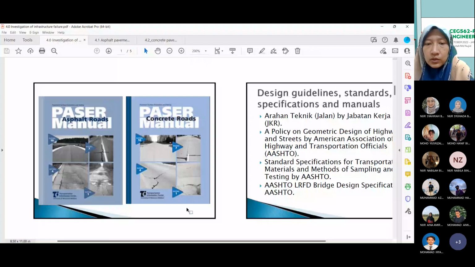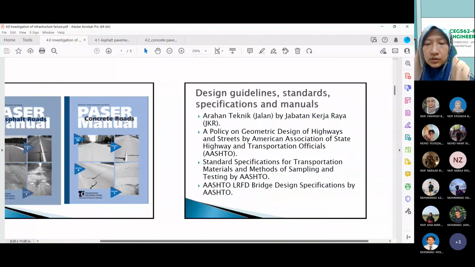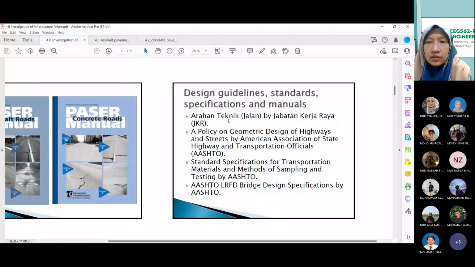Other than these two manuals, we also have JKR, Arahan Teknik Jalan by JKR, to be followed or referred to as guidelines. And we also have A Policy on Geometric Design of Highways and Streets by the American Association of State Highway and Transportation Officials, AASHTO. AASHTO is very common because when you are conducting highway material testing, we are referring to AASHTO.